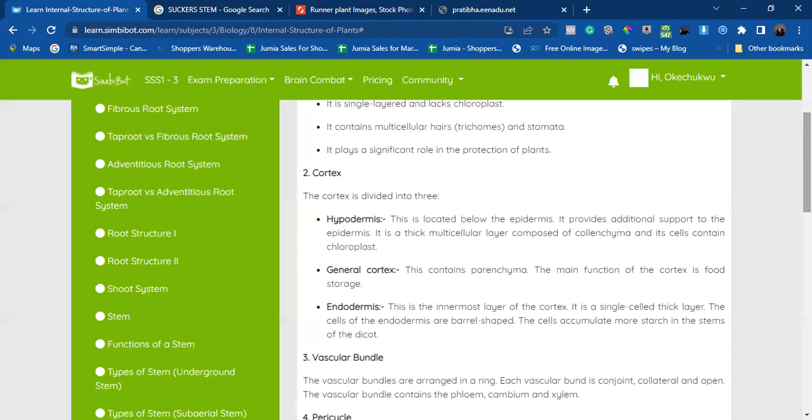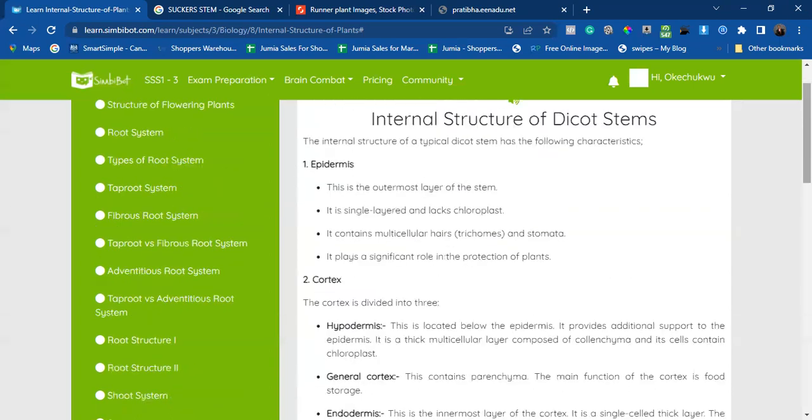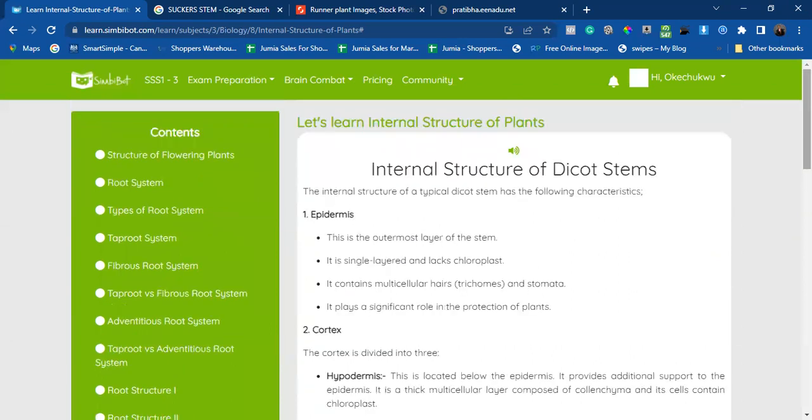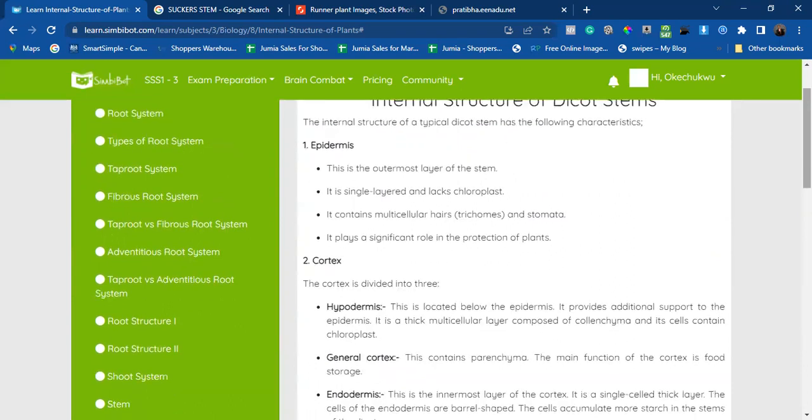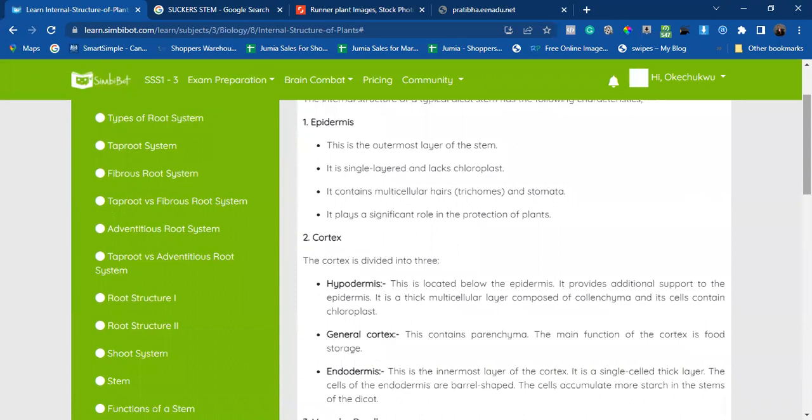Remember, we are already looking at the internal structure of dicot. Okay. We have the epidermis, the outermost, single layered, lacks chlorophyll, functions significantly in protection.